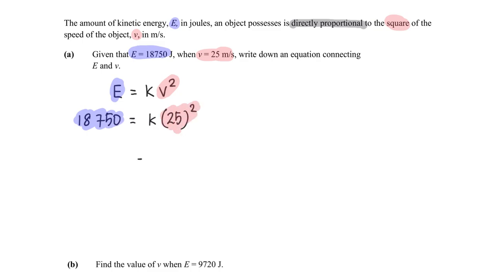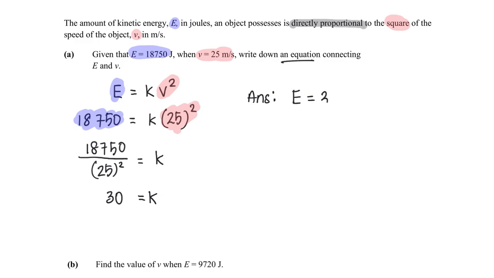And from here, I can then get my value of K rather easily. Just need to divide by 25 square on both sides. This gives me a value of 30. So therefore, the answer, which is the equation that they want us to write, will be E equals 30 V square.